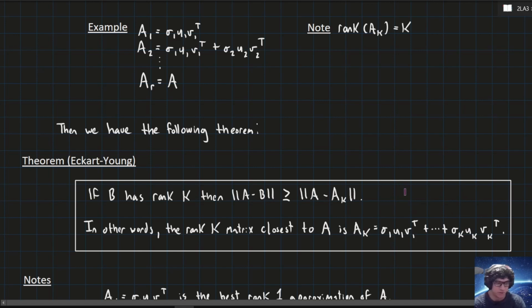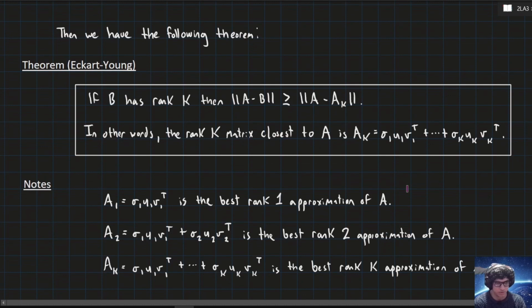Let's explain that a bit more. What this means is that A_1, which is just the first piece of the SVD, is the best possible rank 1 approximation of A. In other words, of all the rank 1 matrices, it's the closest. More precisely, there's no other rank 1 matrix that is closer to A than A_1.